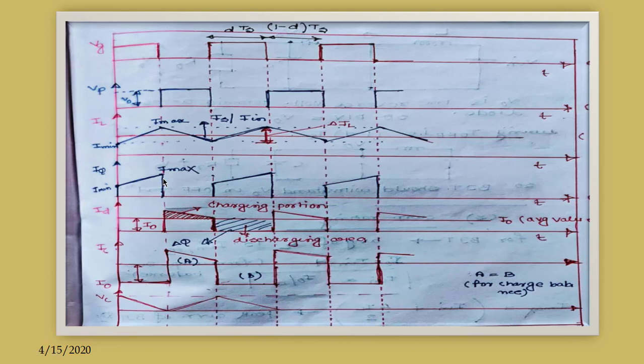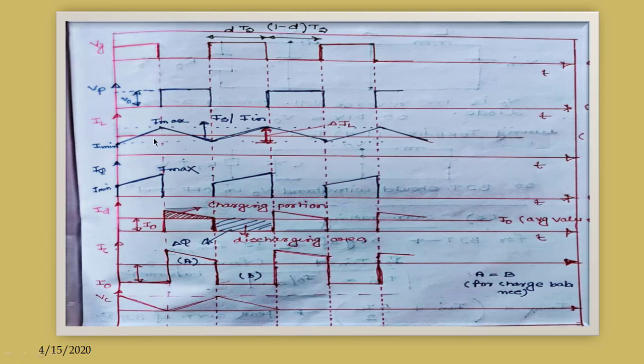Now when IQ is switched off, means it is open circuited, then the current is 0. So in this period the current is 0. Again it follows the inductor current, then 0, and so on. So this is the nature of the current of the switch or BJT.